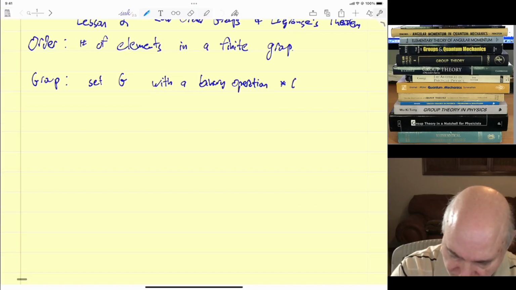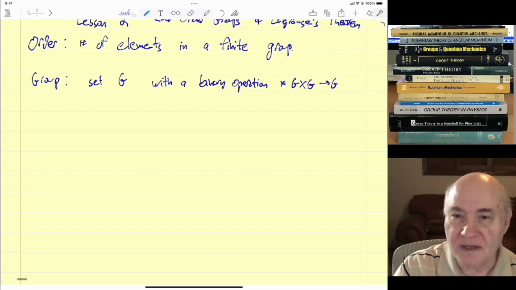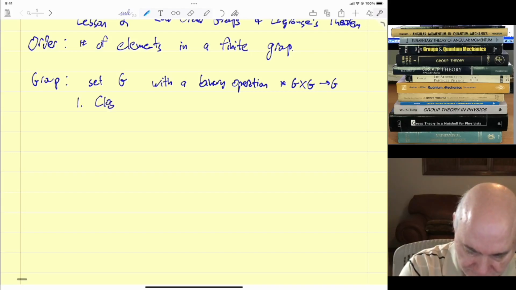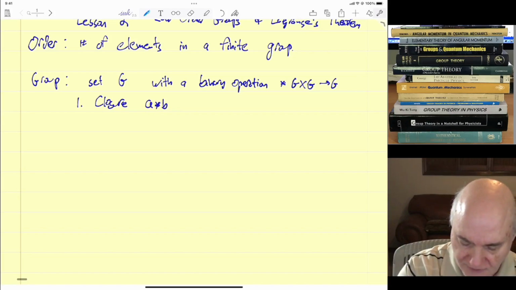It goes from G cross G into G. So it has to satisfy 4 properties. The first one is closure: A star B is an element of G.